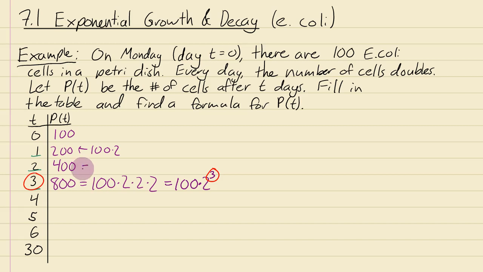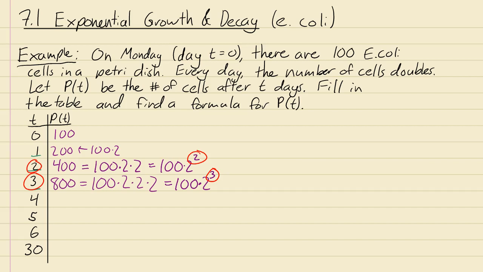Likewise, if we did the 400 that way, we'd be doing 100 is where it started, but then we multiplied it by 2, and then multiplied it by 2 again. And so that's also known as 100 times 2 to the power 2. And that way you can see that the exponent of the 2 is the same as the input into the function.